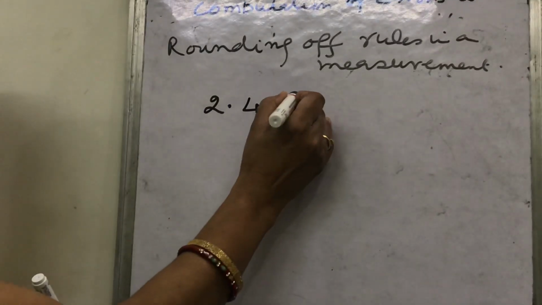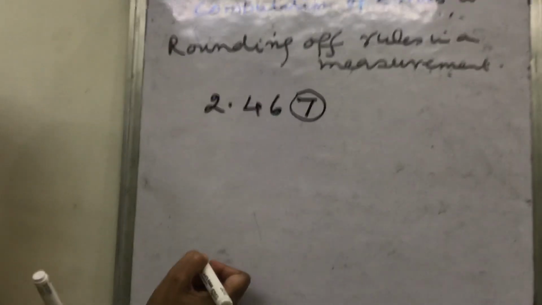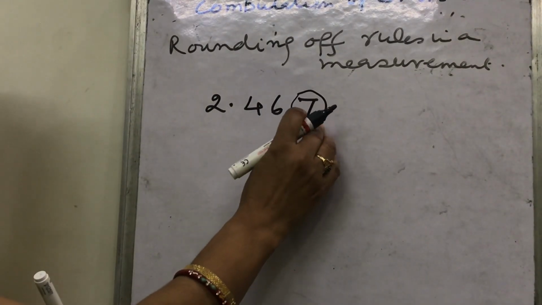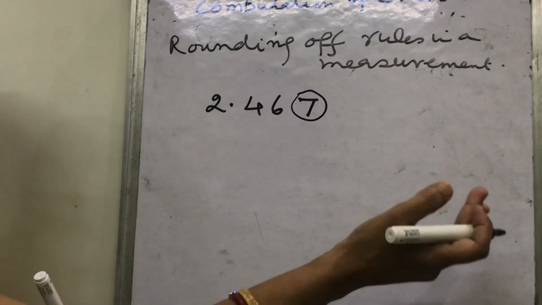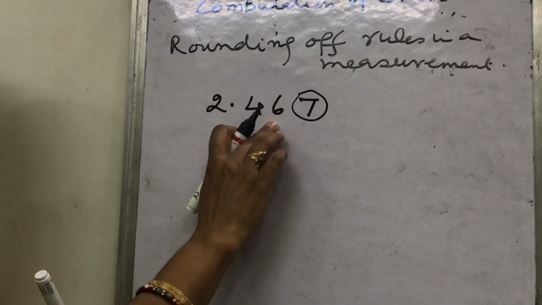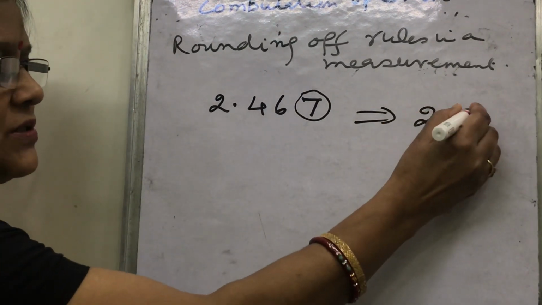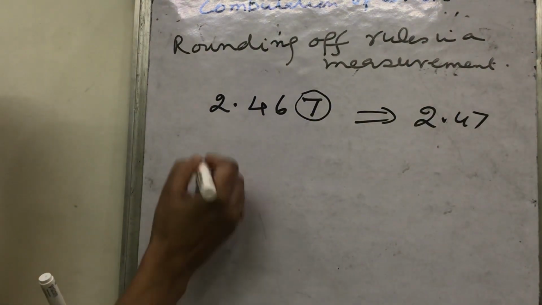Then the last place is 7. Then what will you do? The last place is observed, and if it is more than 5, then to the preceding digit add 1. So what will be here? 2.47.